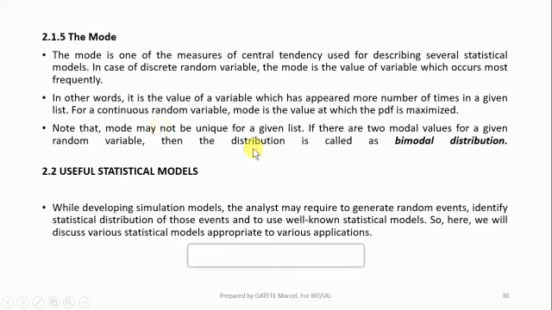We can have some more notes. We can have 2 modal values. For example, if we have a list of values and there are 2 values which occur twice, then we have 2 modal values. So this distribution will be a bimodal distribution because we have 2 modal values.